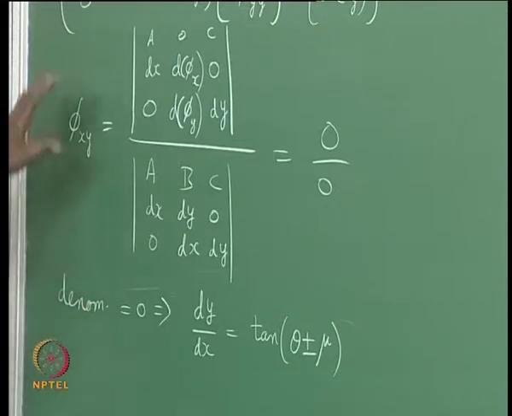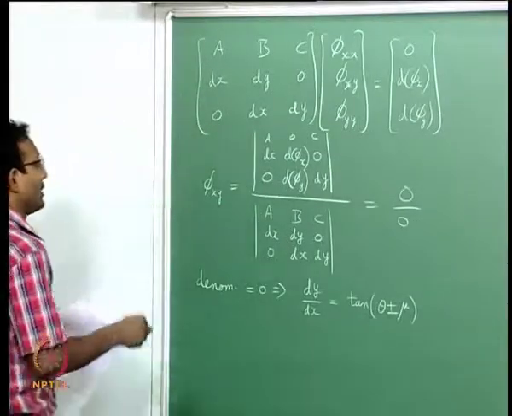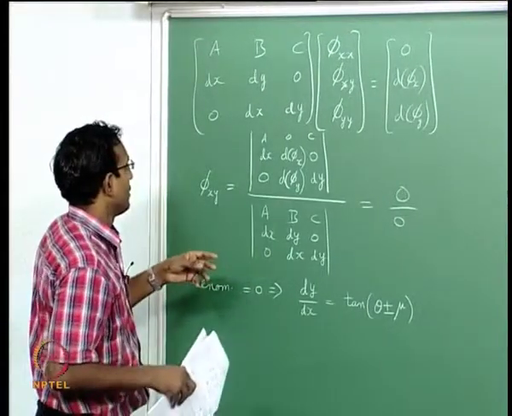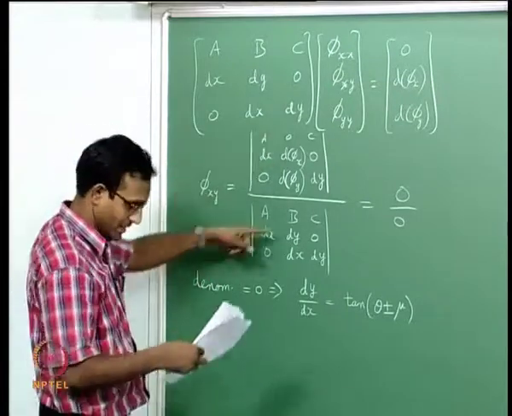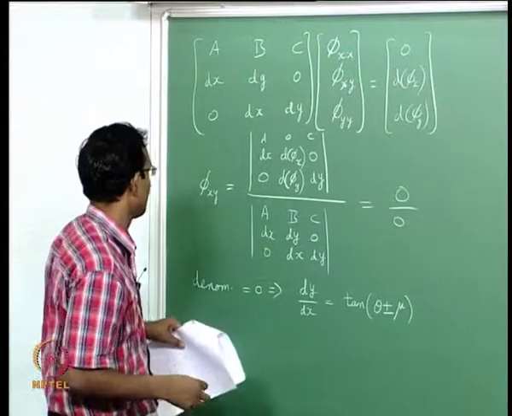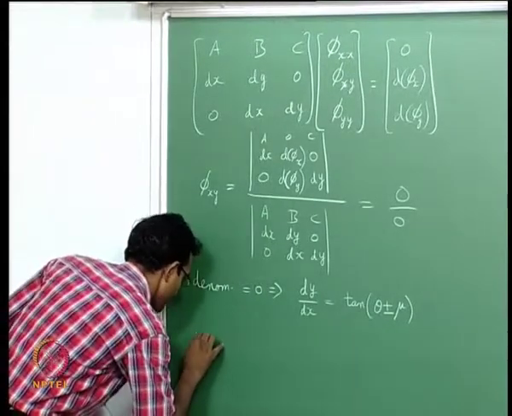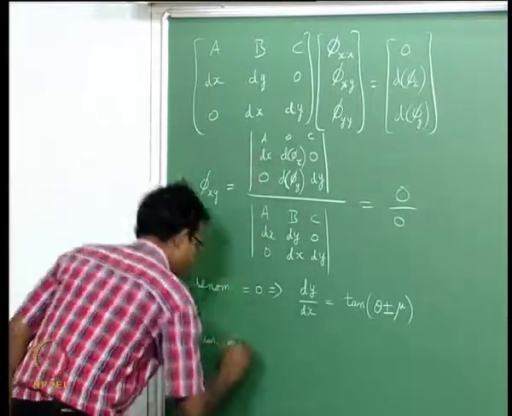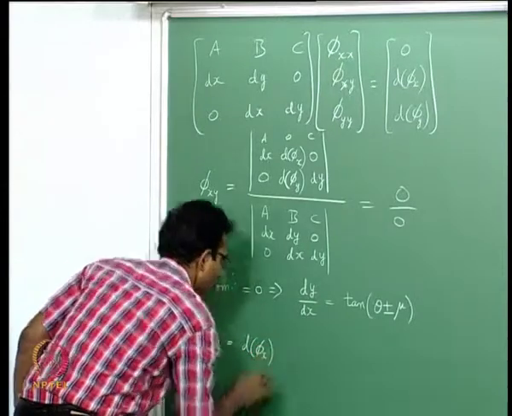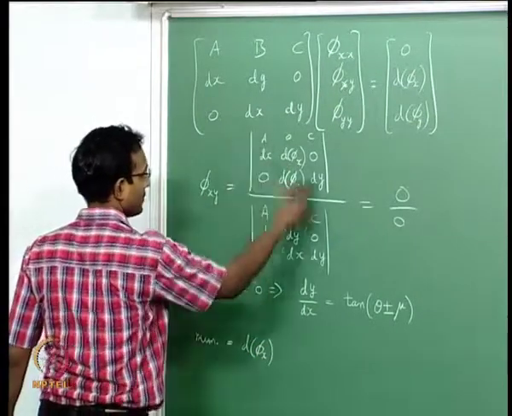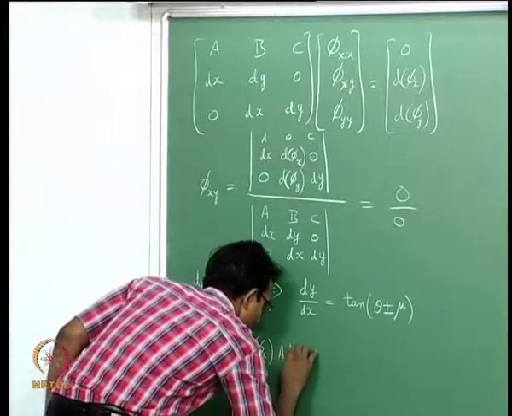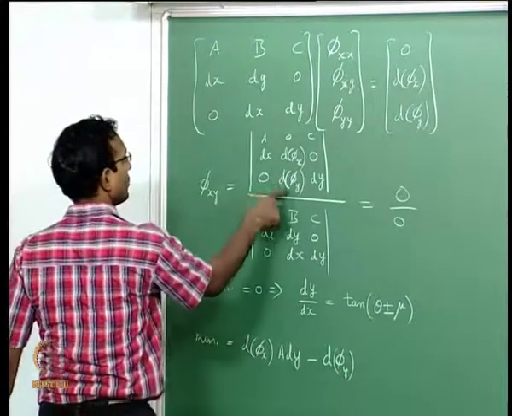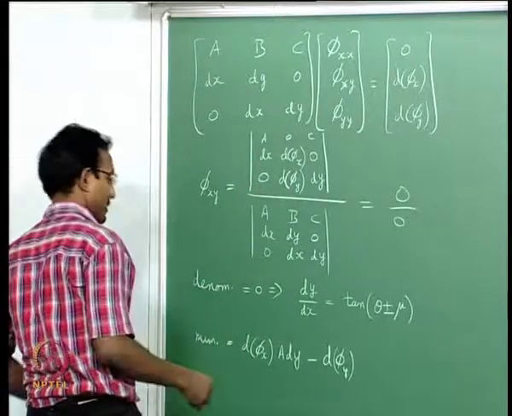Okay. From now on we will continue with the numerator getting to 0. If you look at the numerator determinant and we want to make that 0, I will pick the center line and do the determinant based on that. The determinant for the numerator is going to be d phi x times a dy, minus d phi y times this determinant which is minus c dx.